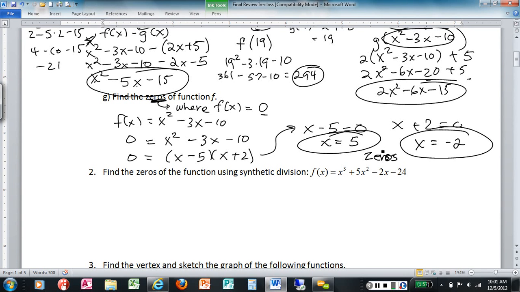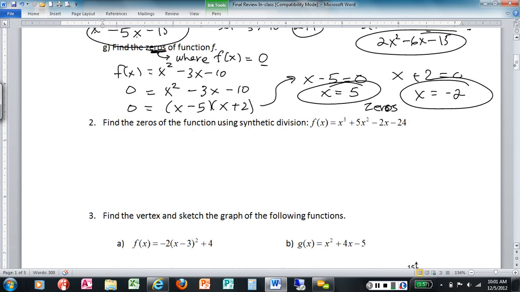All right, so continuing the zero theme here, find the zeros using synthetic division. When we get a bigger function that we are not going to be able to factor easily just by looking, like that x cubed plus 5x squared minus 2x minus 24, remember what we did. We used a little synthetic division here.